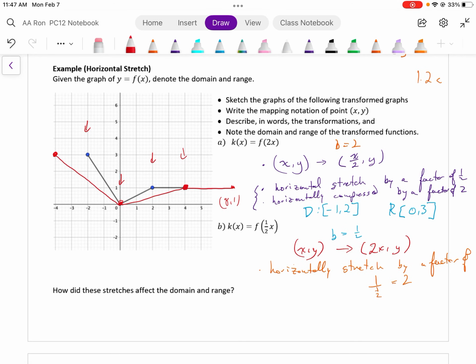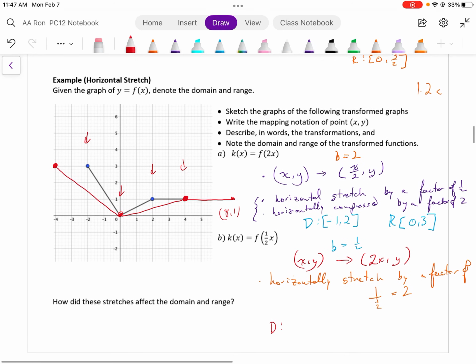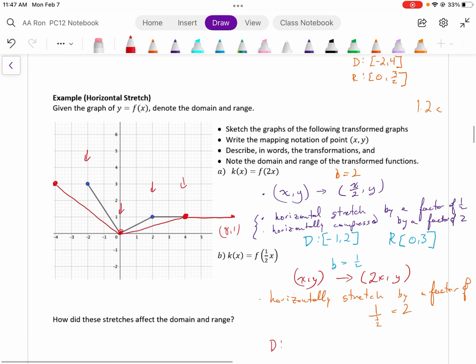Isn't that interesting? How does my domain change? Well, my domain is changed because I'm stretching horizontally by a factor of 2. And if I take a look at my original domain, way up here, and compare it to my transformed domain, it's -4 to 8, inclusive of the endpoints.